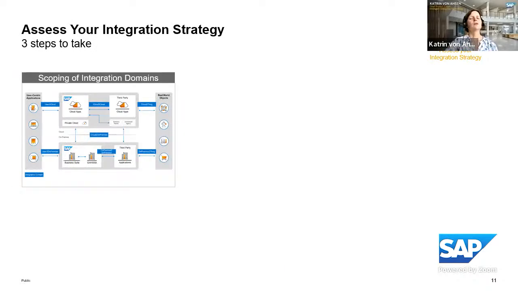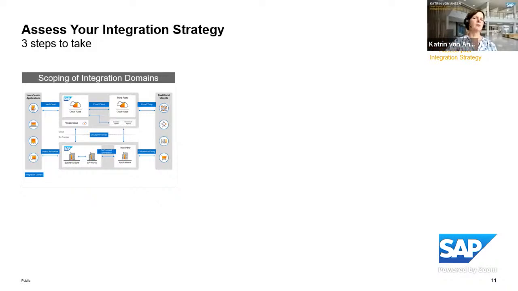So let's take a look at the 3 steps to take. First, start with the scoping of the integration domains which are relevant for your organization. This is really a high-level scoping, looking at the different integration areas in today's hybrid environments.